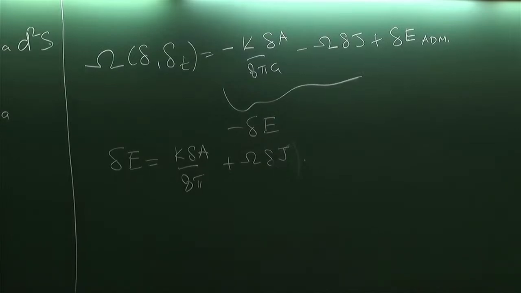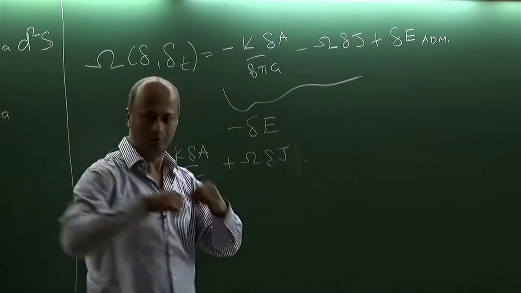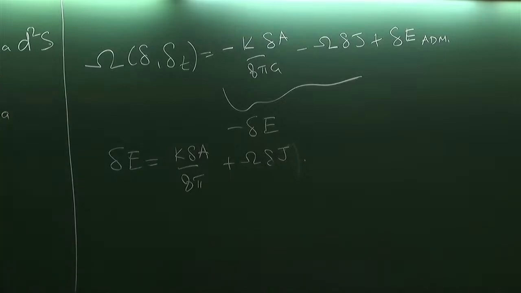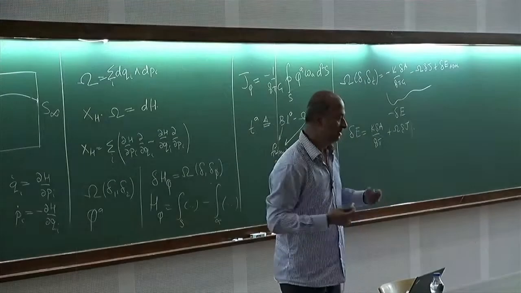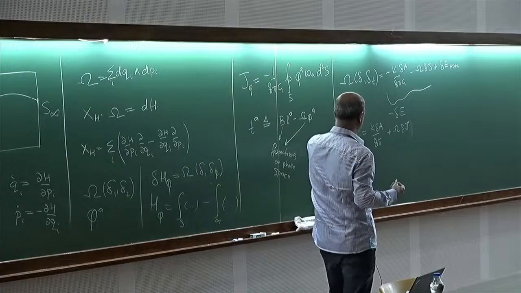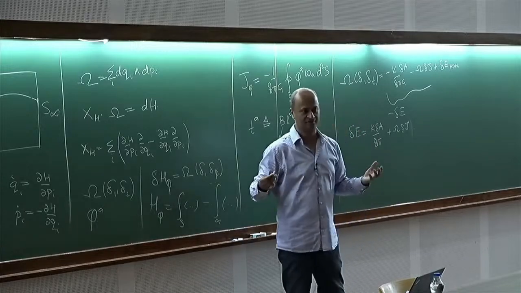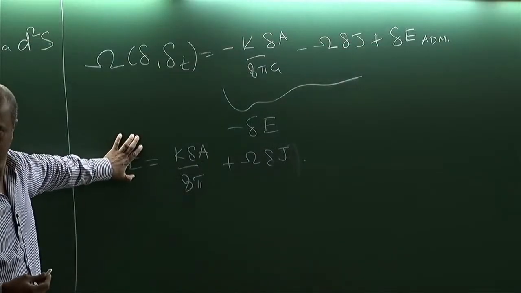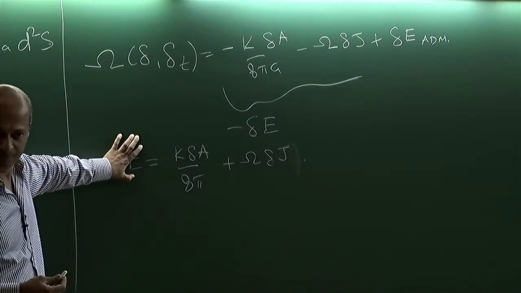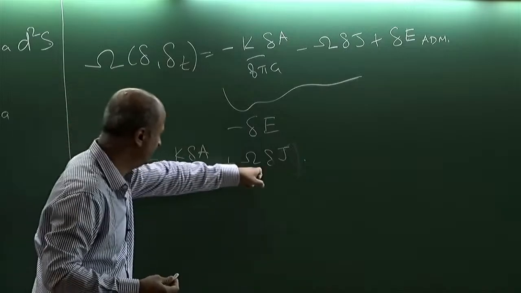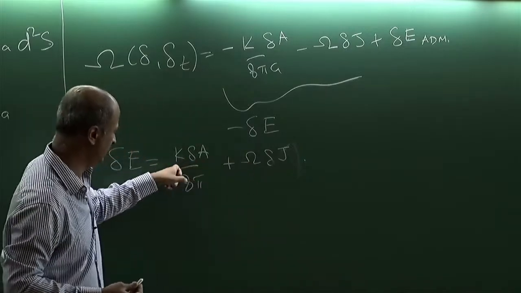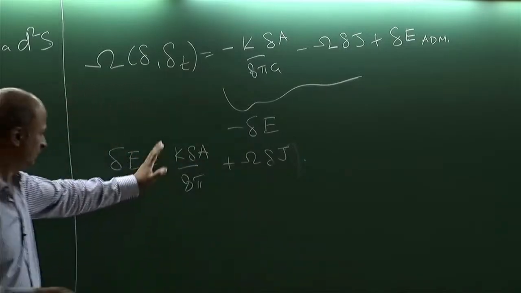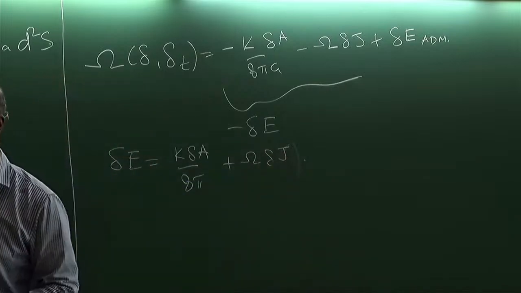And in principle, kappa and omega can depend on all those infinite number of things. But this equation tells you, in fact, that they cannot depend upon all these other things. Why? Because this is an exact differential.